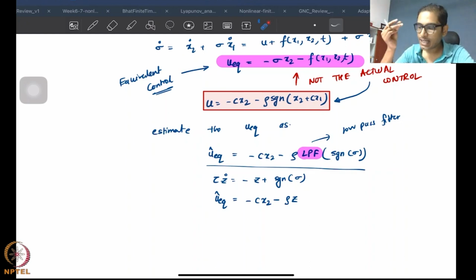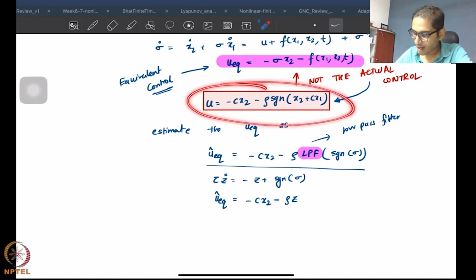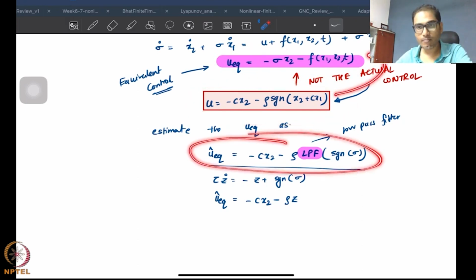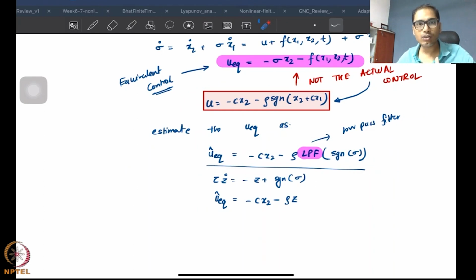After finite time, we have an equivalent control which is different from the actual control, but can be obtained from it by a low pass filter. This is expected, because otherwise there is no way you would have been able to cancel the disturbance and stay on the sliding surface.